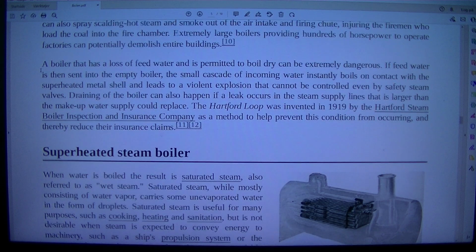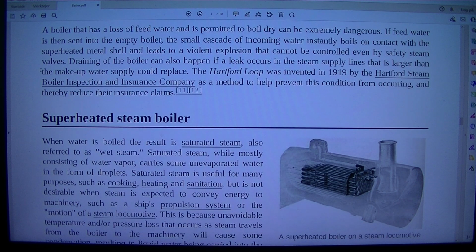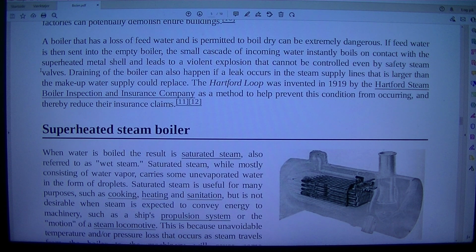A boiler that has a loss of feed water and is permitted to boil dry can be extremely dangerous. If feed water is then sent into the empty boiler, the small cascade of incoming water instantly boils on contact with the superheated metal shell and leads to a violent explosion that cannot be controlled even by safety steam valves.